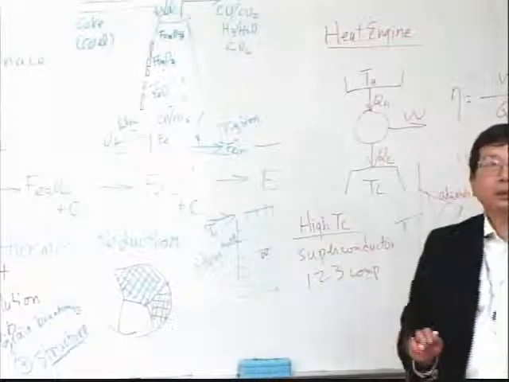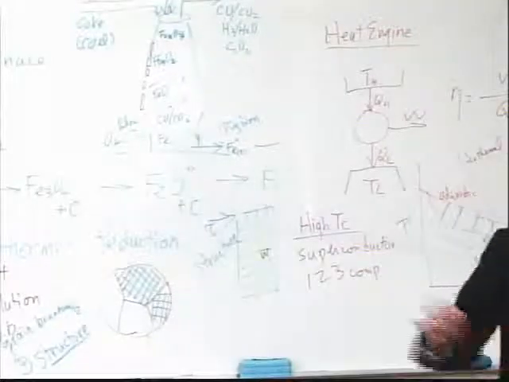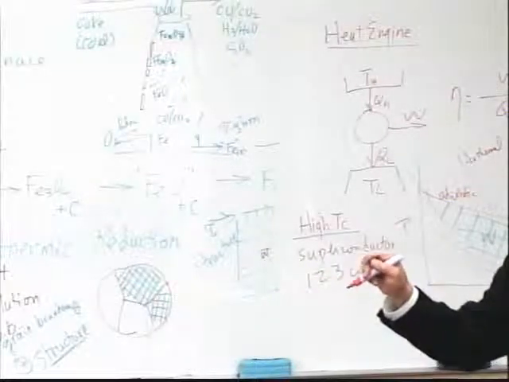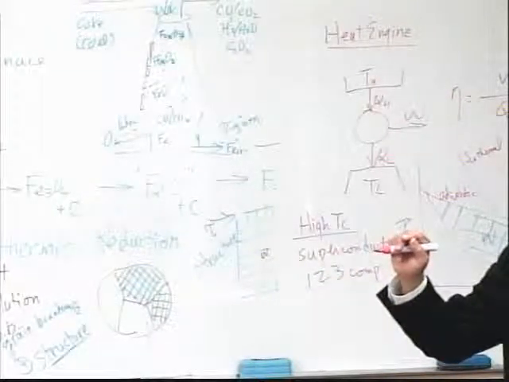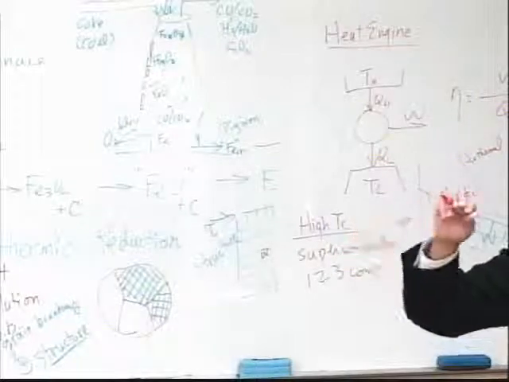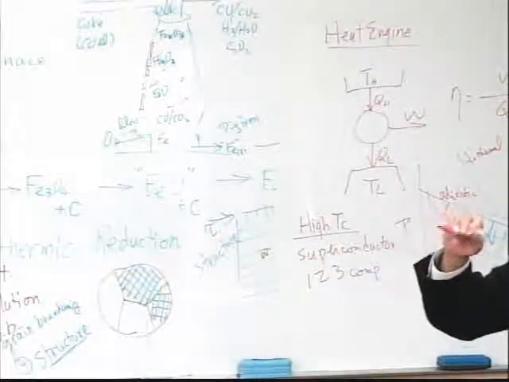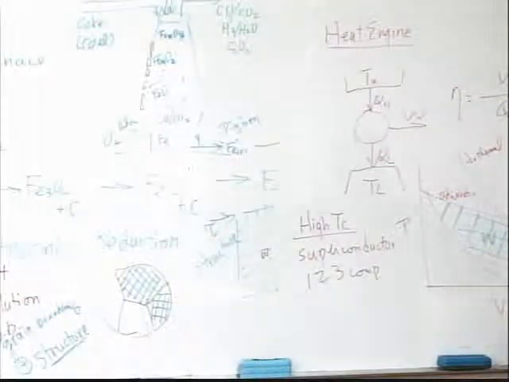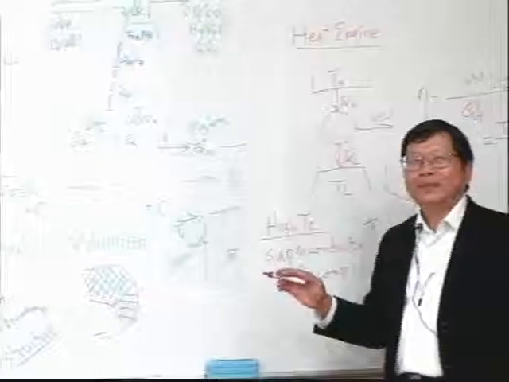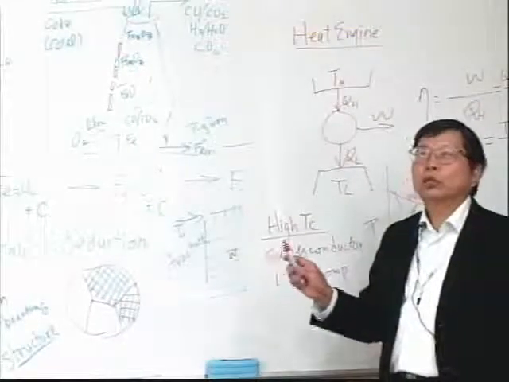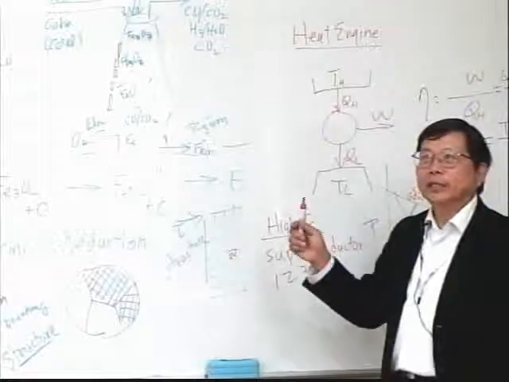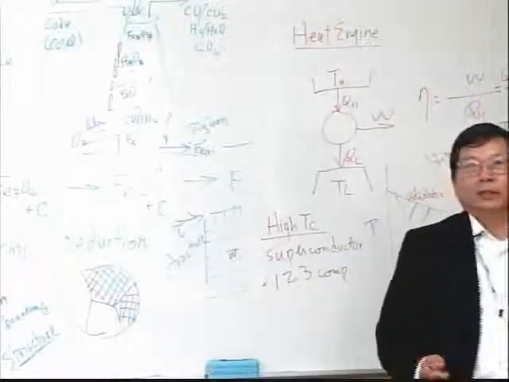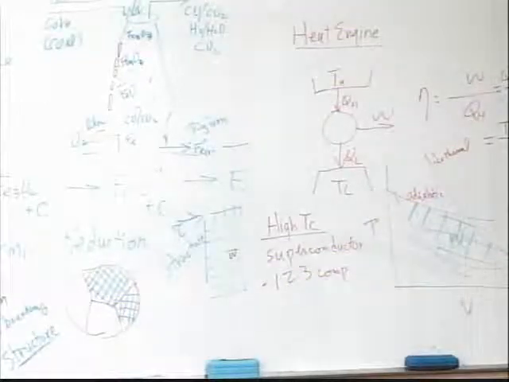It was discovered by a Taiwanese, Su Jianwu, Paul Chu's student, who really was the one who discovered the 123 compound.